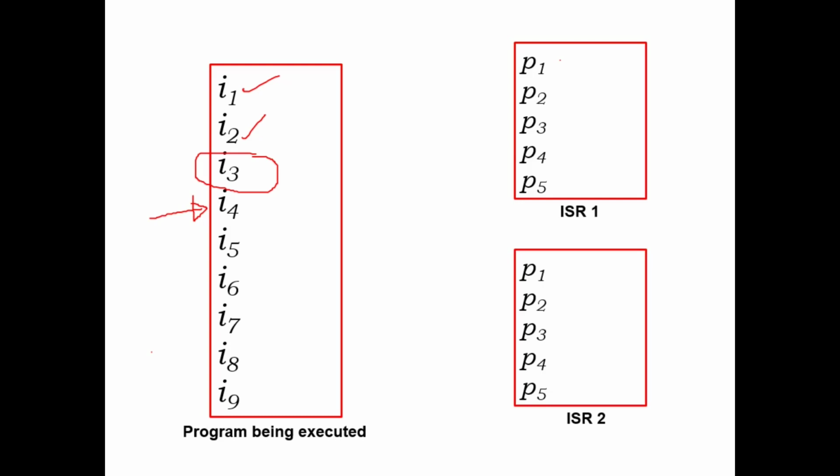And during execution of I3, suddenly some device, for example the keyboard, interrupts the processor, saying that I have some data entered by the user, please collect it. But the processor is busy executing this program, currently busy in execution of the I3 instruction. The next instruction to be executed is I4, but the keyboard suddenly interrupts the processor and informs it to collect the data.